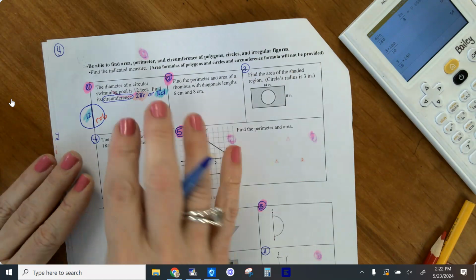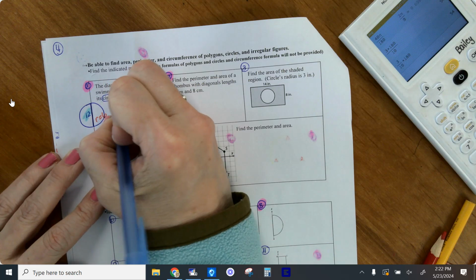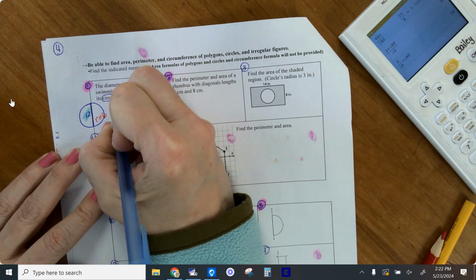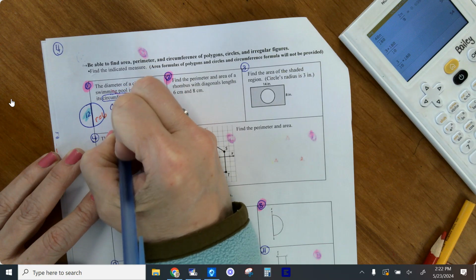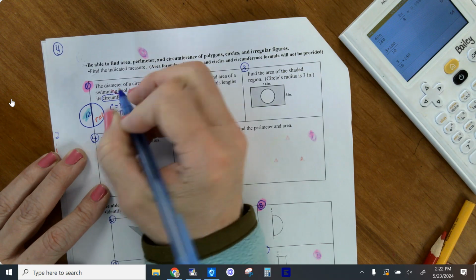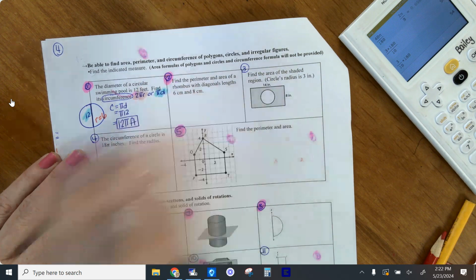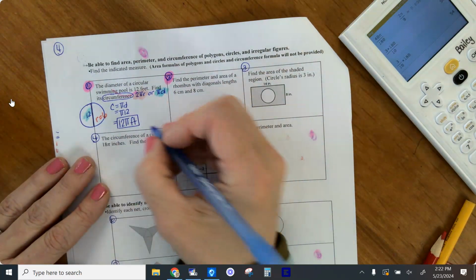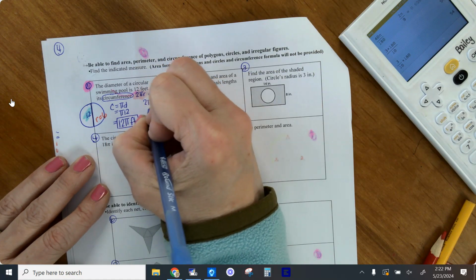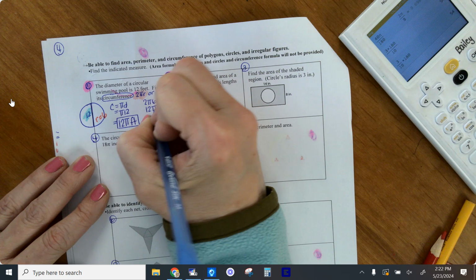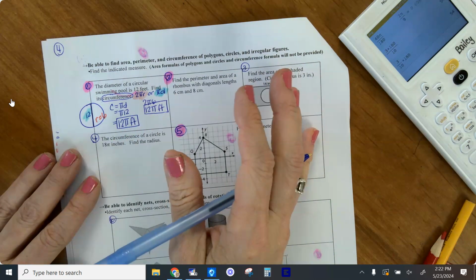Circumference is pi times diameter, so pi times 12. Your answer is just 12 pi feet. And if you did 2 pi times 6, you would still get 12 pi feet. Either way, you get the same answer.